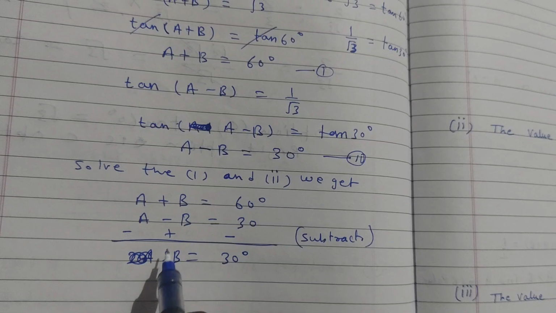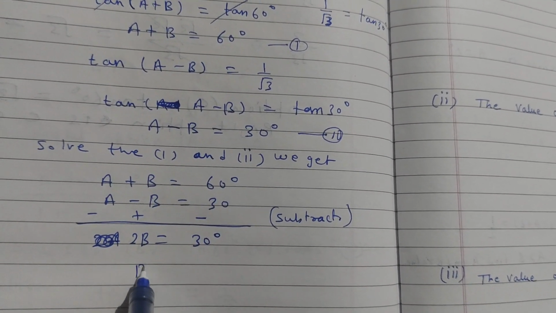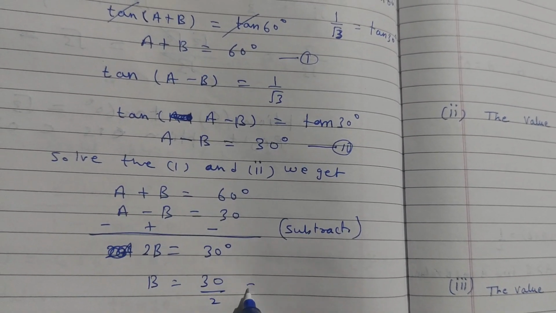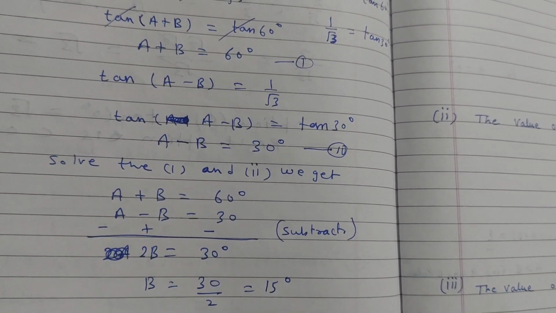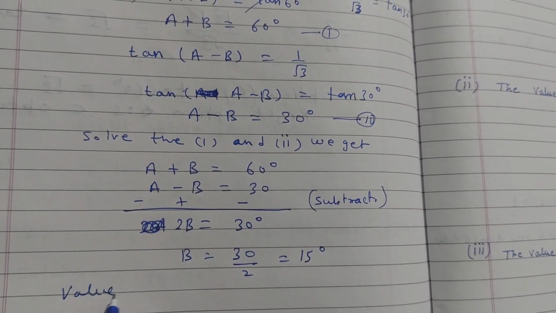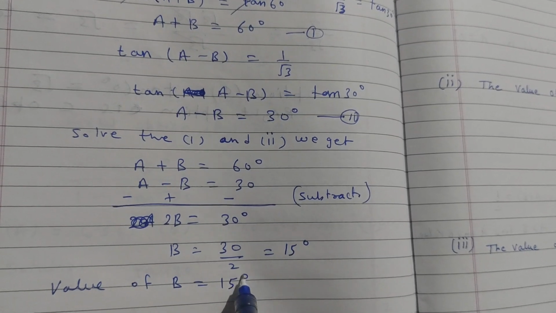So we get the value of B: 30 by 2, 15 degrees. The value of B is equal to 15 degrees.